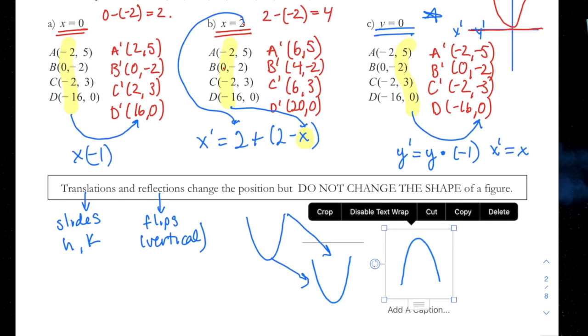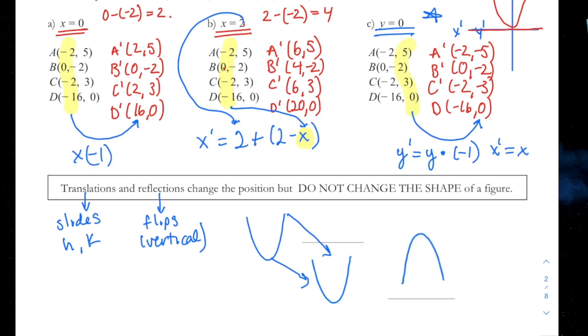Okay, so this would be a reflection. Or we call this a vertical reflection. So I think we can move on.